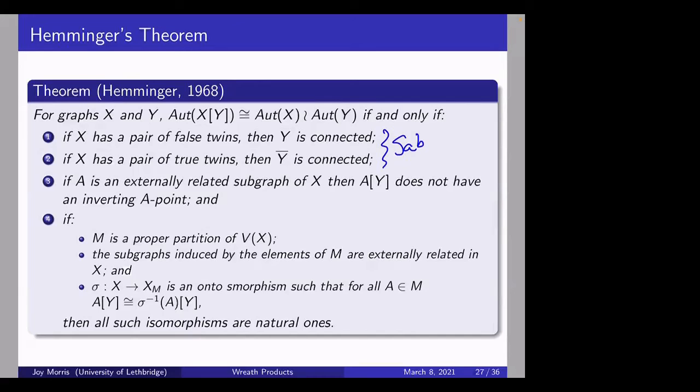We can't have an inverting A point where A is an externally related subgraph of X. So that was obstruction 1 that I talked about from Hemminger's work. And we can't have obstruction 2 that I talked about. So those are the only things that can go wrong, even with infinite graphs.